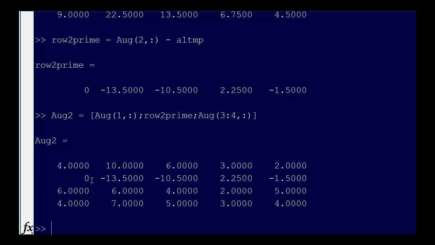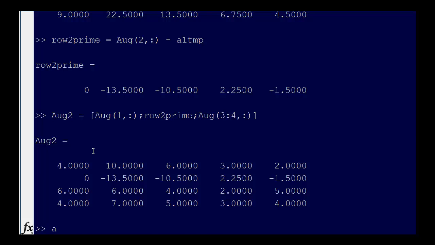And so we've gone through, we've zeroed out this entry. That's exactly what we wanted to do. And now let's get our row 3. What did we call it before?